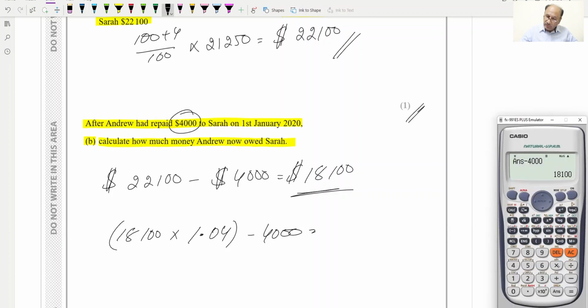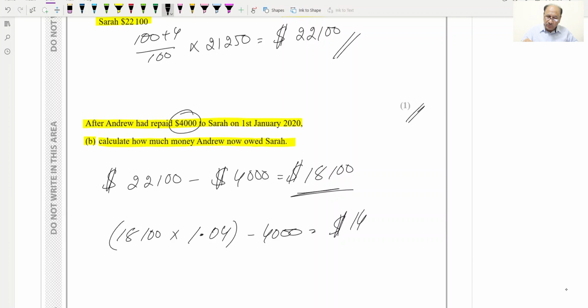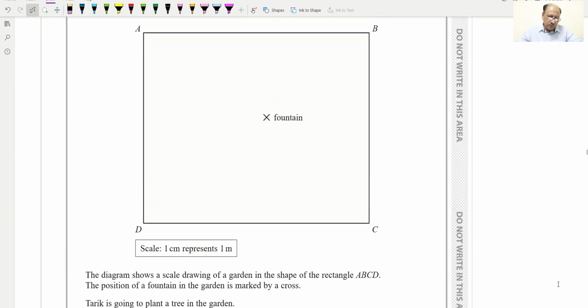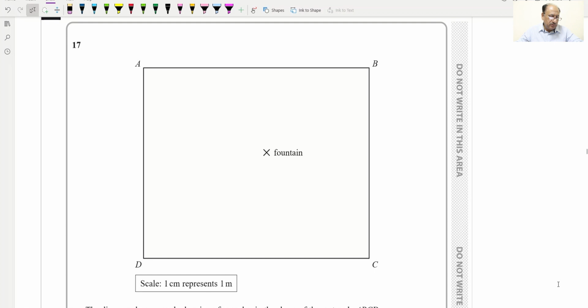We can multiply this with 1.04, and we can subtract minus 4,000, and this will be equal to $14,824. This will be our answer for this 3 marks question, 14,824, which is done.